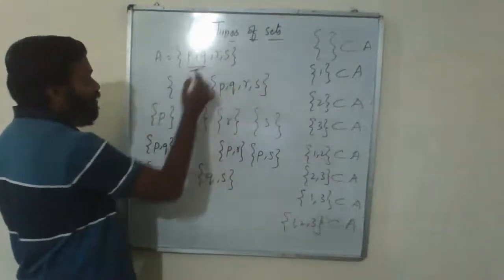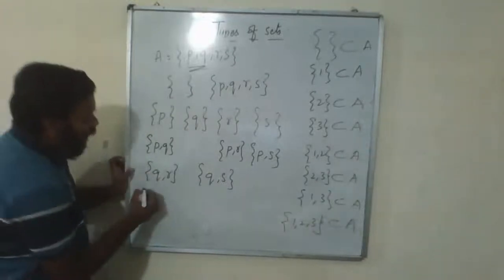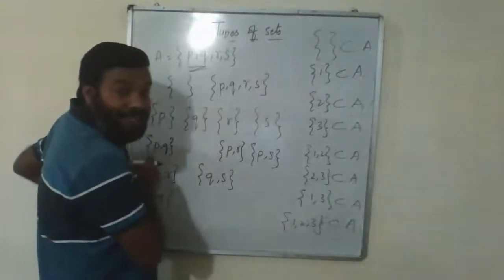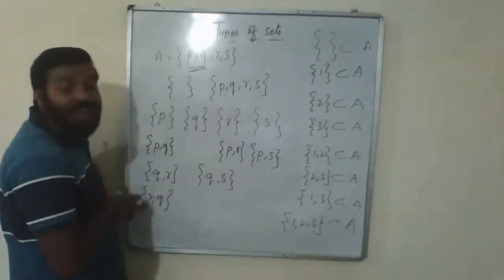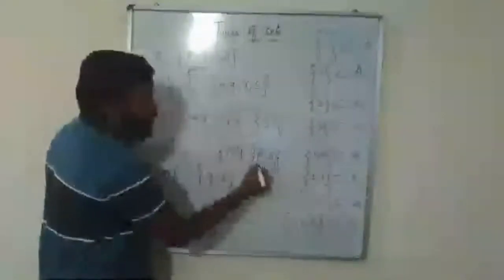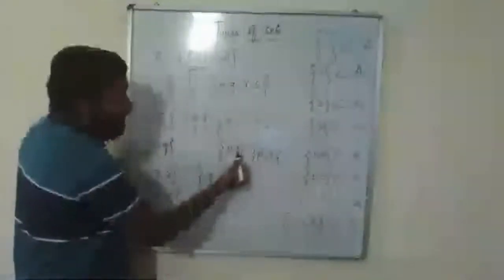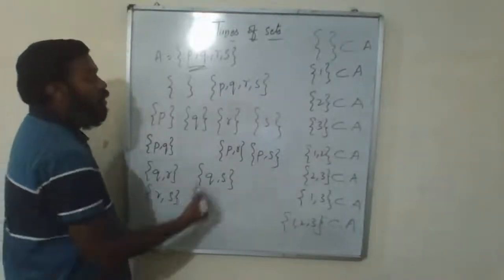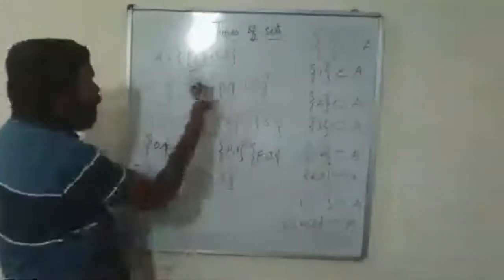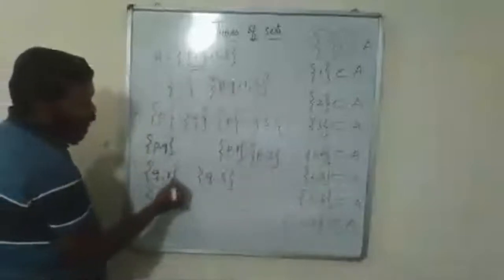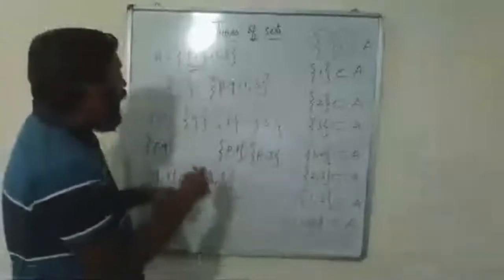Already R is joined with P and R is joined with Q. That means if you write RQ, this is nothing but the same set as QR, so we need not consider it again. So PQ, PR, PS, QR, QS, RS. Like that, you have to combine each element with everything.